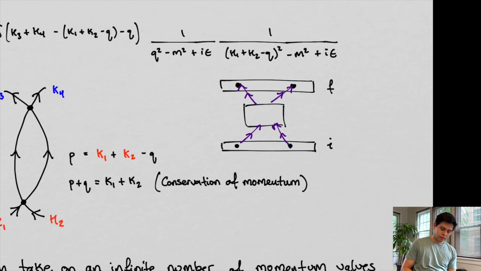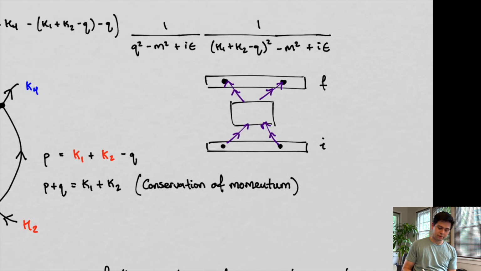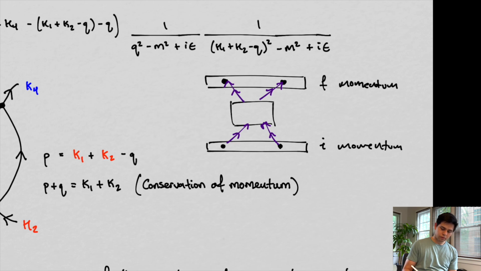But anyways, the point here is that the only thing that has to happen is momentum conservation between here and here. What happens in here doesn't necessarily have to obey conservation of momentum.